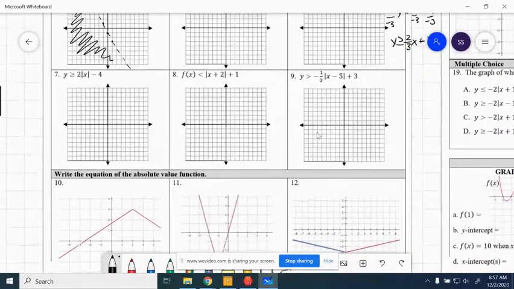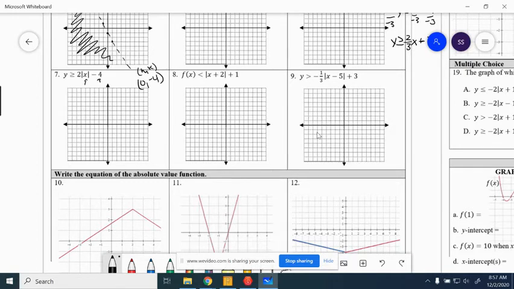Number 7, 8, and 9, we have some absolute value inequalities. Okay, so of course, we start by finding the vertex, right? The vertex is h, k. All right, well, there's nothing inside to the right of the x, right? That h value isn't there, so the h value here is going to be 0, negative 4.